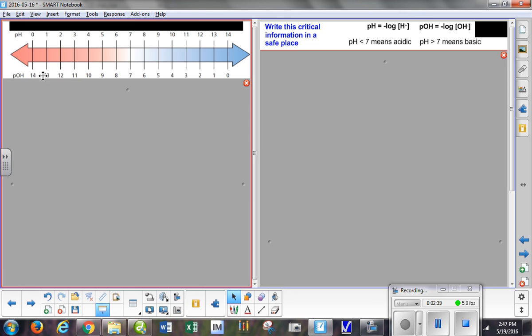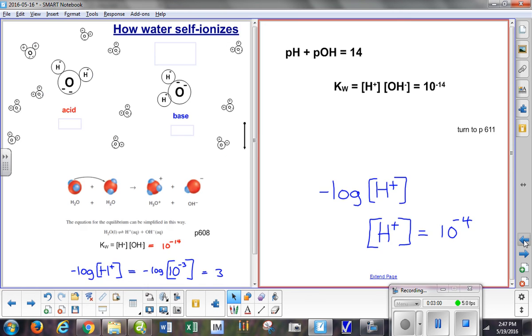It starts at 14, which is equivalent to 0 pH, and it goes down to 0, which is equivalent to 14 pH. 7 is in the middle in both. Something else that is very interesting. If we look here, where did I go? Yeah. Minus log of the hydrogen ion concentration.